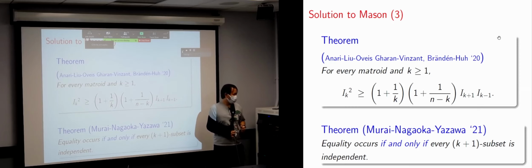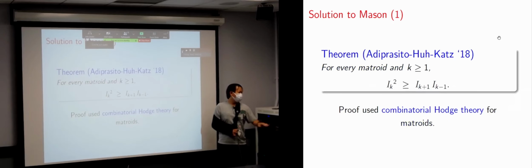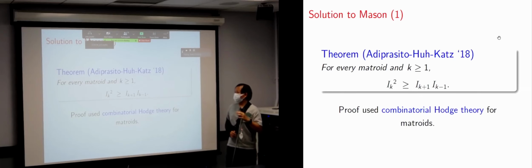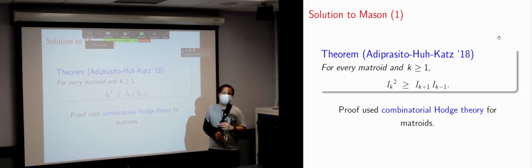Good. Okay, if everything is good, then let me just quickly go back a little bit, to Mason 1 and Mason 2. And here we see there's an evolution of ideas between Mason 1, 2, and Mason 3. In Mason 1, things are done mainly by algebraic geometry, which is of course very nice.